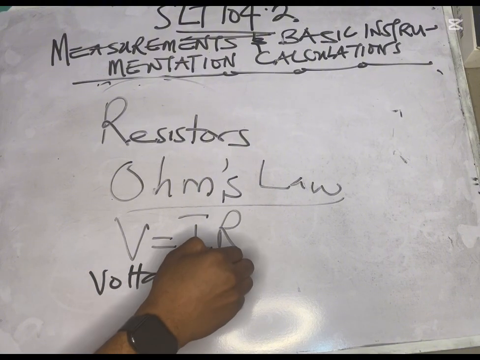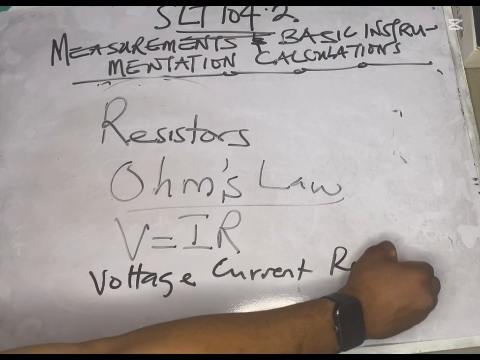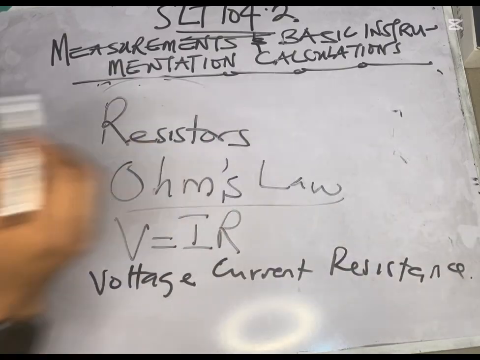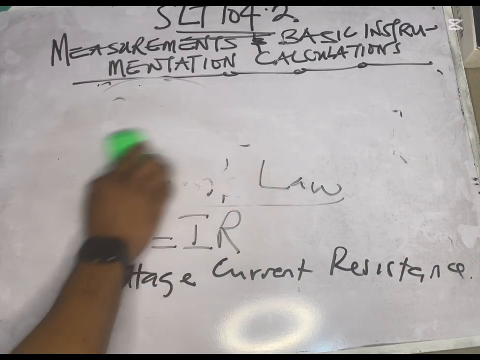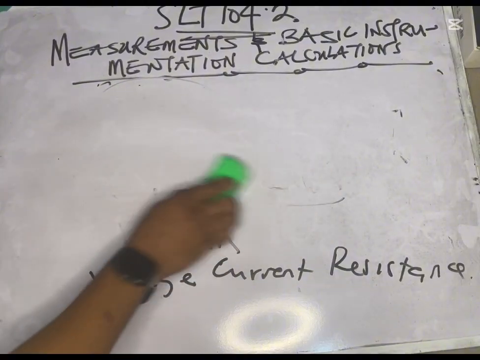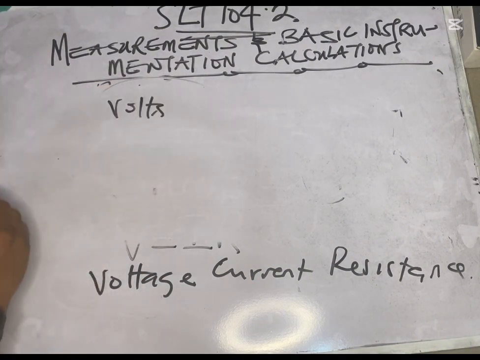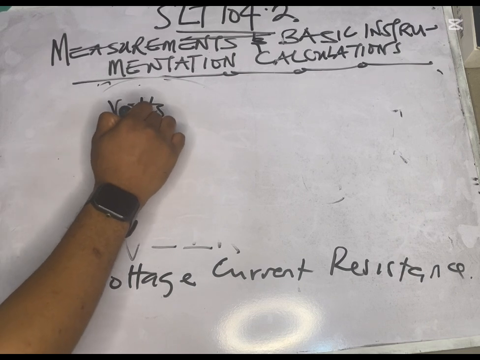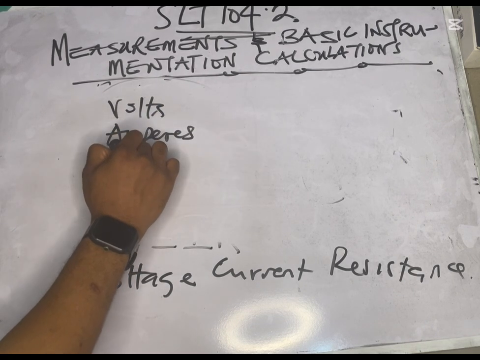V is called voltage, I is called current, and R is called resistance. Voltage is measured in volts, current is measured in amperes, while resistance is measured in ohms.